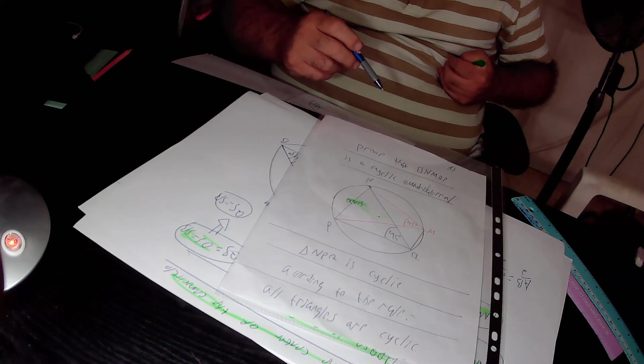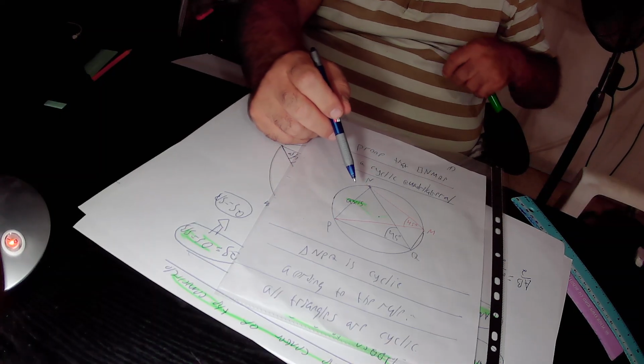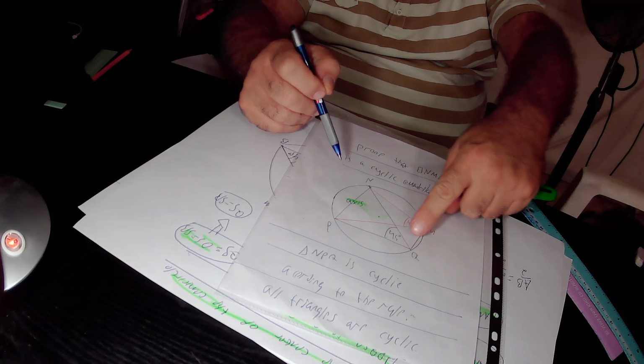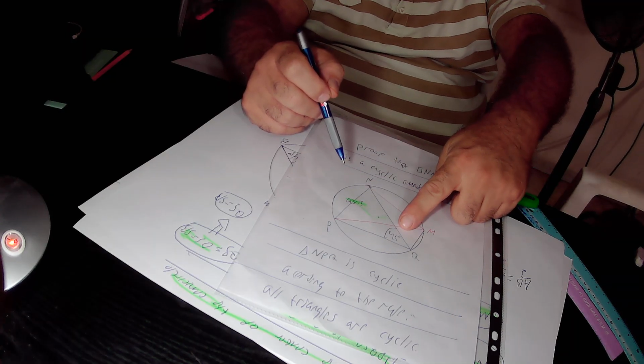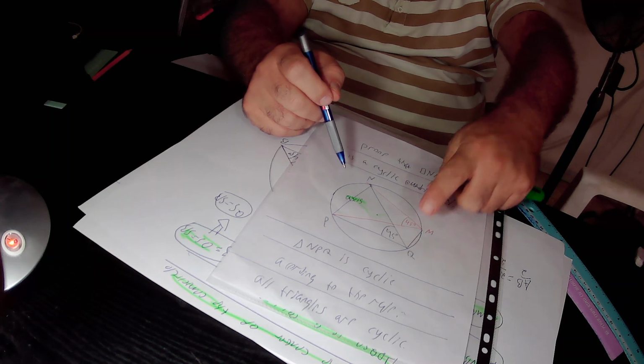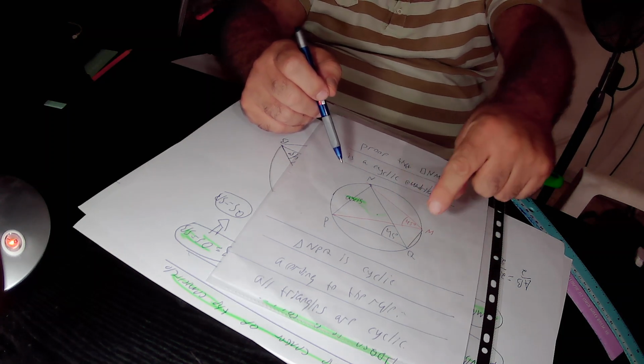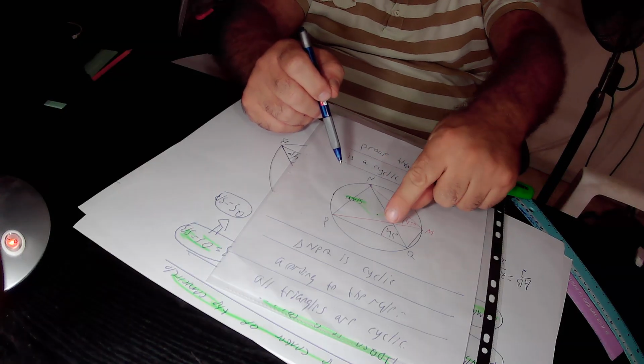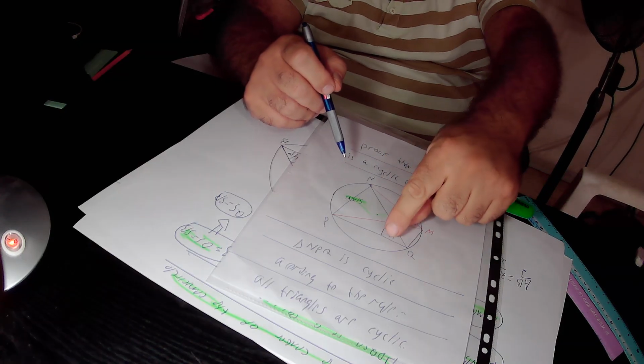So in the next step, we will keep the size of angle NQP, which is equal to 45 degrees, and we will rotate this angle NQP around this circle without changing the size of this angle.